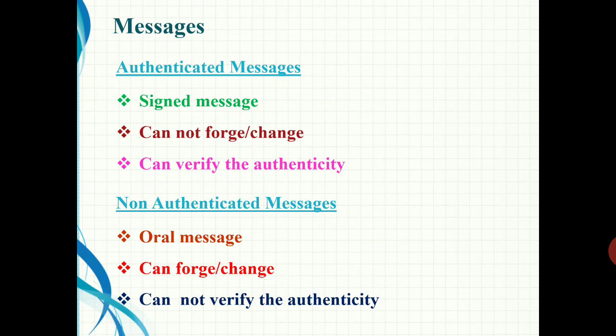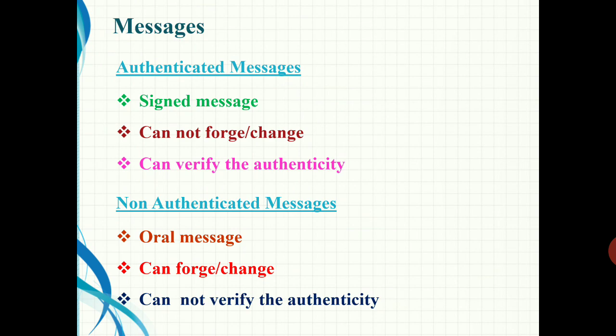An authenticated message can also be called a signed message, meaning a process cannot forge or change a received message. So the processor can verify the authenticity of the message in the case of authenticated messages, but in the case of non-authenticated messages, it is not possible. Also, with authenticated messages, it is easier to reach an agreement in the distributed system.